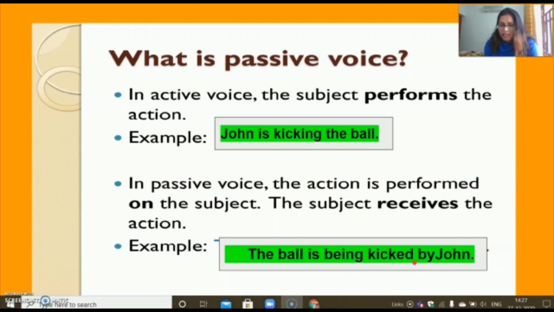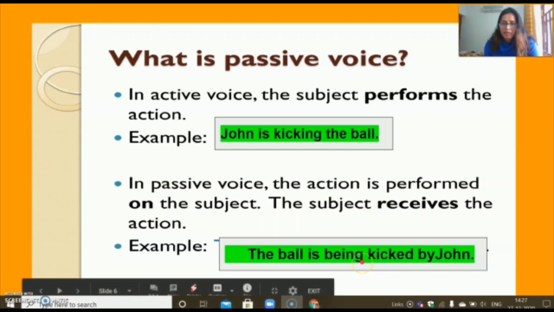Now the question arises, how is a passive form of verb formed, right? So a passive form of verb is formed by joining to be plus past participle form of verb. So to be is being kicked.